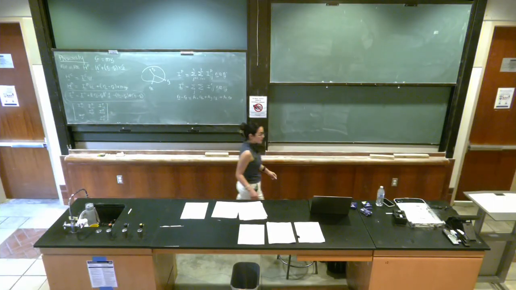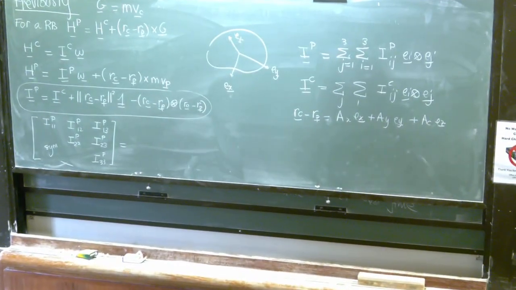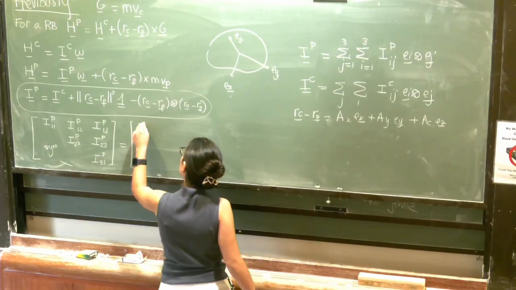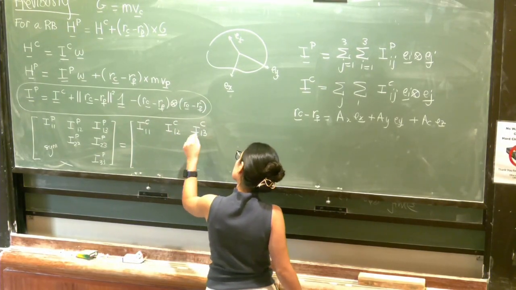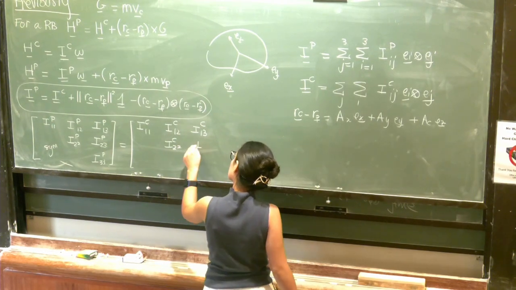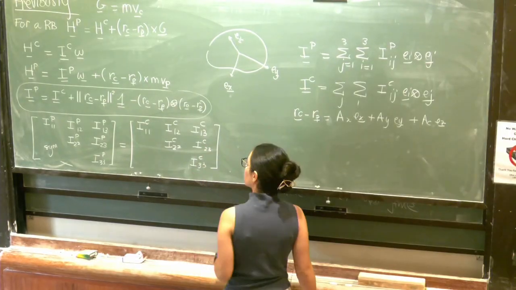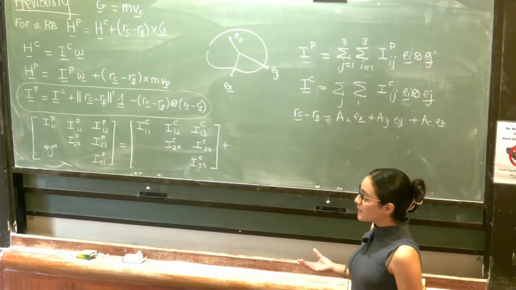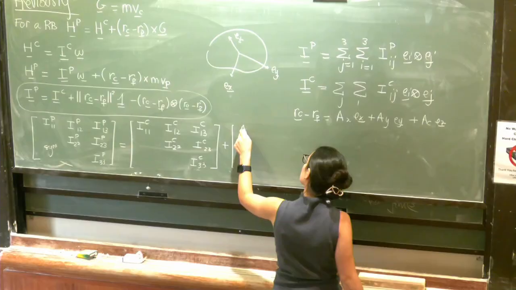Any questions? Same thing for IC. So that's the identity times the scalar magnitude of RC minus RP, so that's a squared.